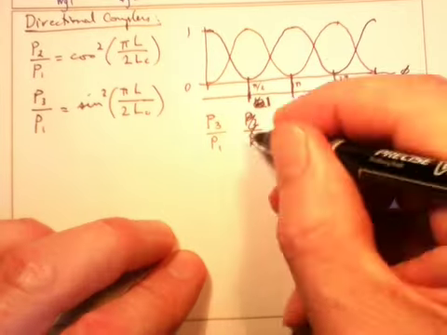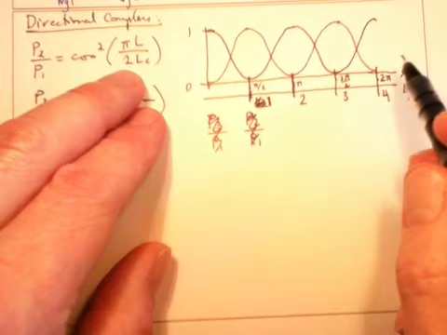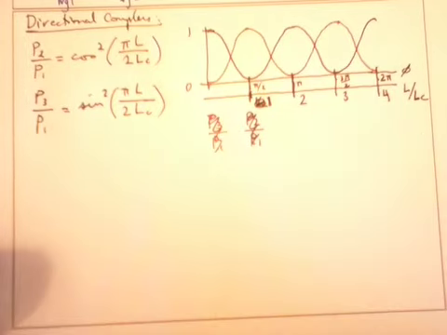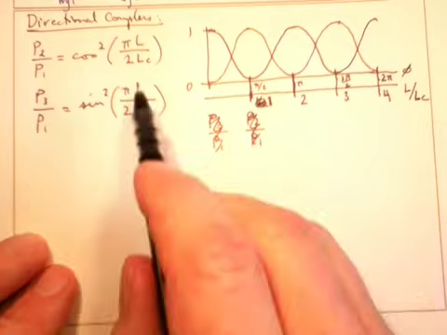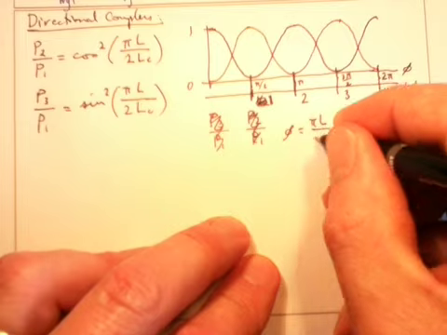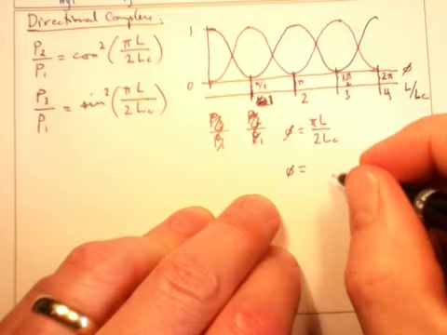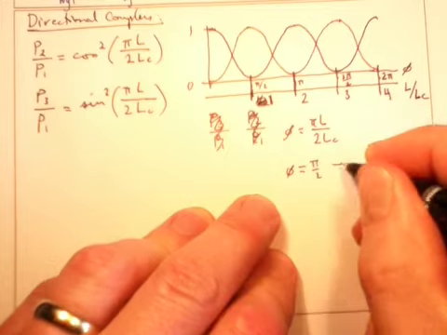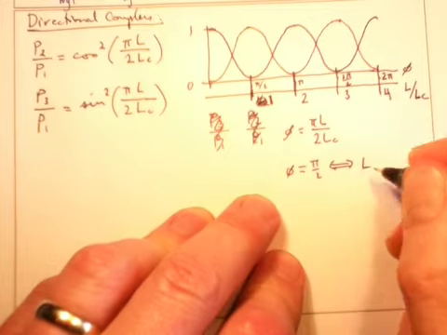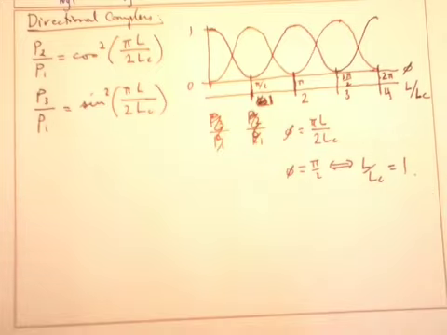And that makes sense because when phi is pi over 2, L is equal to LC, basically. You can see it just by looking at the argument, where phi is equal to pi L over 2LC. So when phi is equal to pi over 2, that happens only when L over LC is equal to 1. Okay? So this is the mathematical behavior of this.